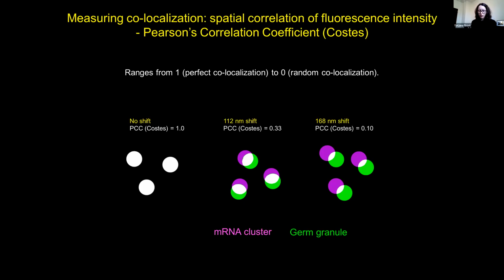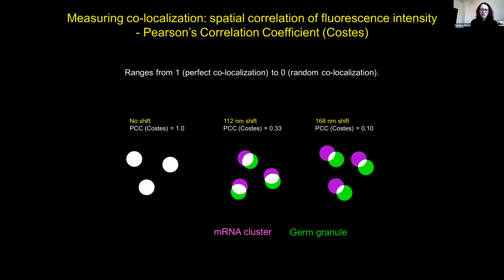In this approach, we measured how the fluorescence intensity of two objects that are labeled with spectrally distinct dyes are correlating with each other within the overlap. And PCC Costes is a really great measurement because it's insensitive to the duration and the frequency of the overlap. So you can do these measurements even in crowded environments such as germplasm. It ranges from 1 indicating perfect colocalization to 0 indicating random colocalization.